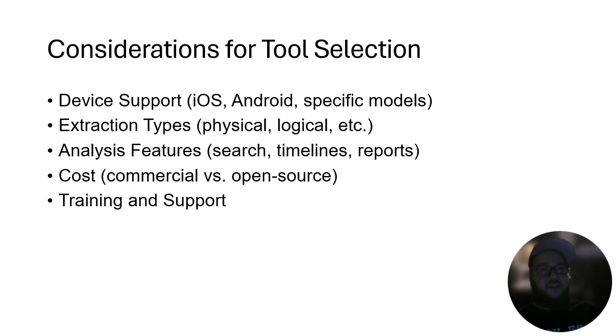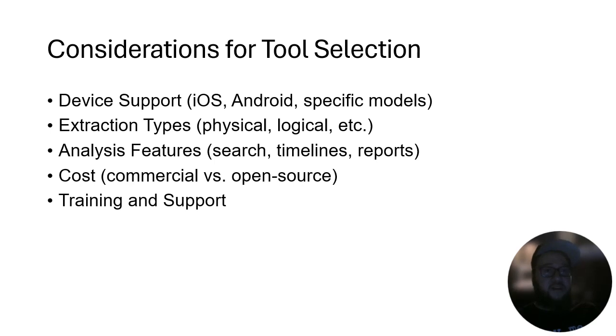Analysis features significantly impact how efficiently you can process and understand data. Advanced search, filtering, timeline generation, and reporting streamline the process of identifying key evidence within large data sets. Cost assessment weighs the premium features of commercial tools against the free nature of open source alternatives.